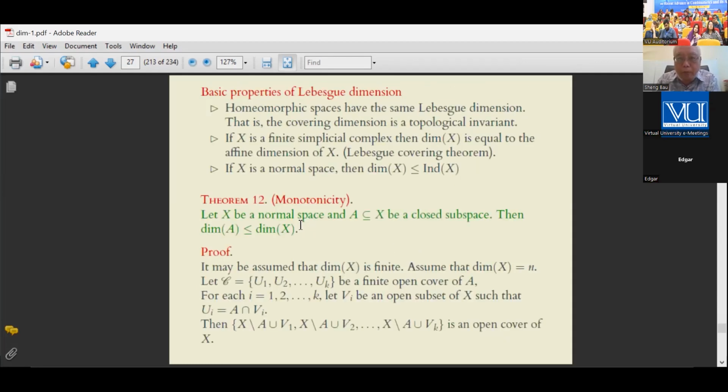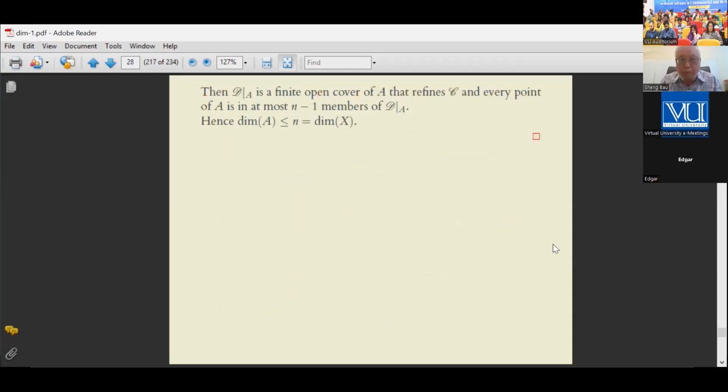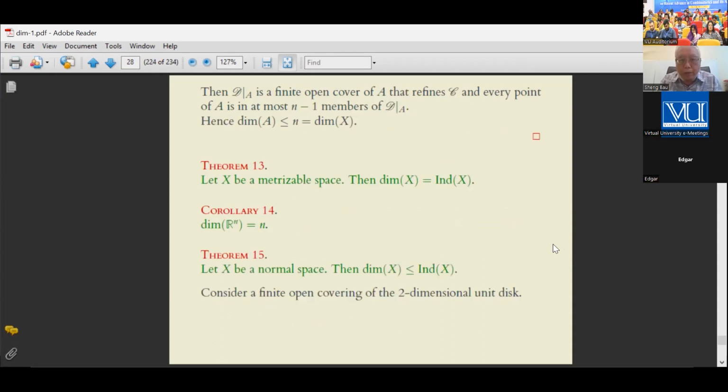The monotonicity has an extra condition, closed subspace. We actually need a normal subspace of normal spaces for which the dimension is monotonous, if you are rigorous. Okay, I haven't stated this, but I have said it already.